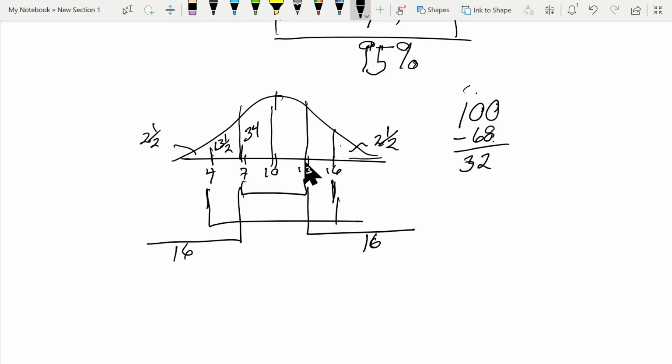What's on the other side between 10 and 1 up? 34. What's between 13 and 16? Same as between 4 and 7. 13.5.